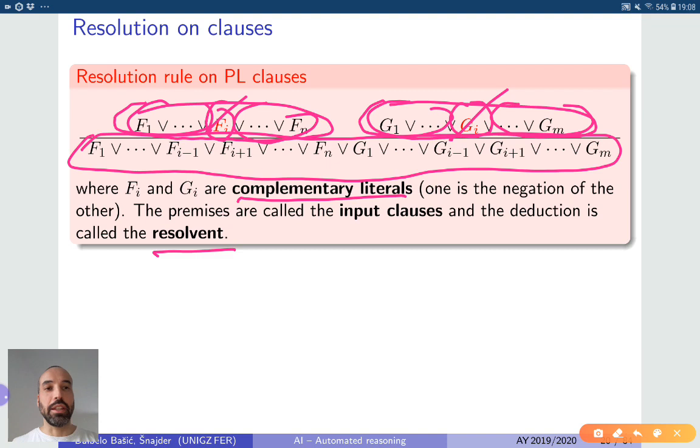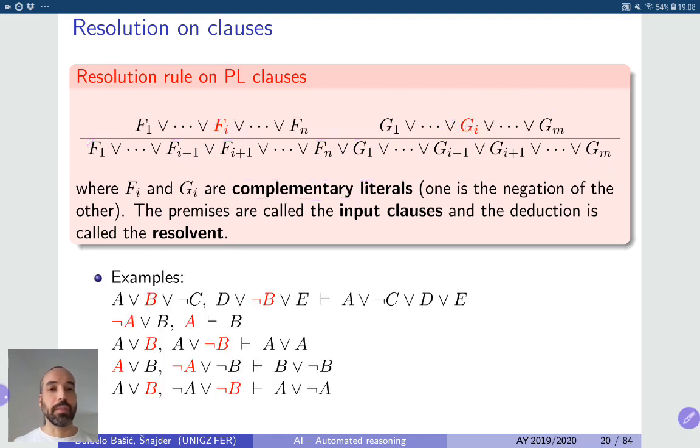Okay, so notice here that fi has been skipped and gi has been skipped as well. So that's what resolution does to input clauses.